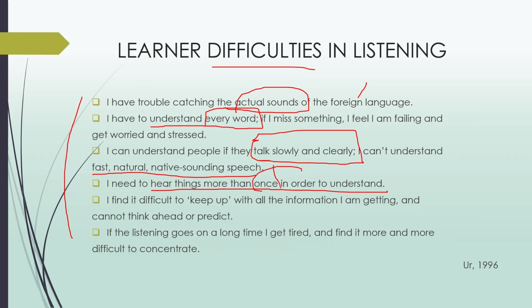So learners might need to listen more than once to understand what the sound is, what the speaker said. I find it difficult to keep up with all the information I am getting. So the thing is that we call oral sentences an utterance. And when we write the same thing, we call it a sentence.